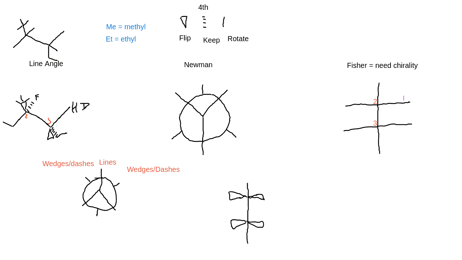Okay. So if you're looking from this side, your carbon 3 is in the front and carbon 2 is in the back. So I'm actually going to use the other way.